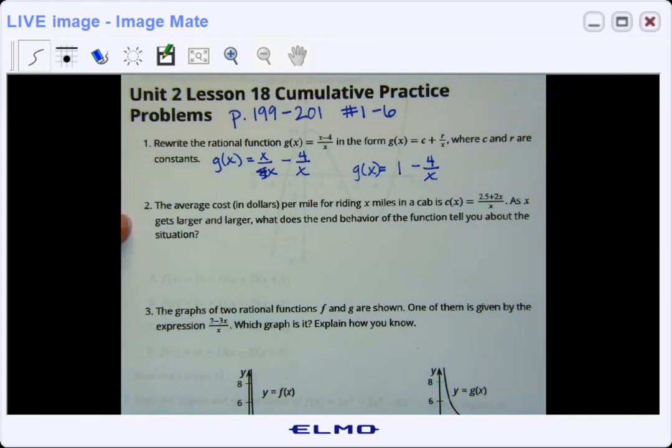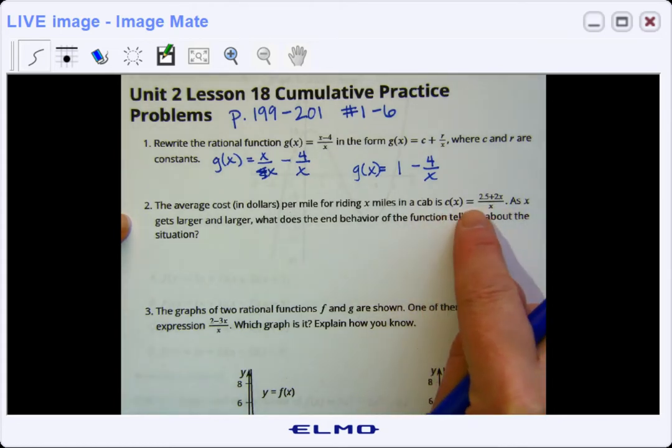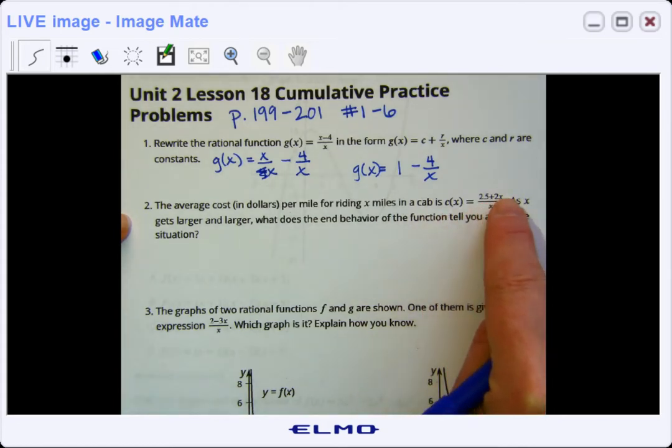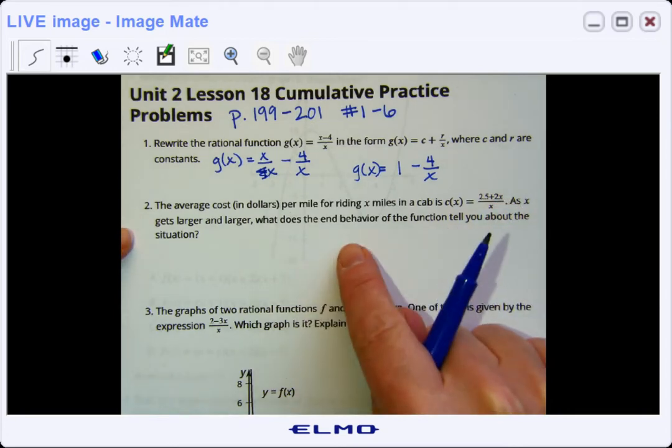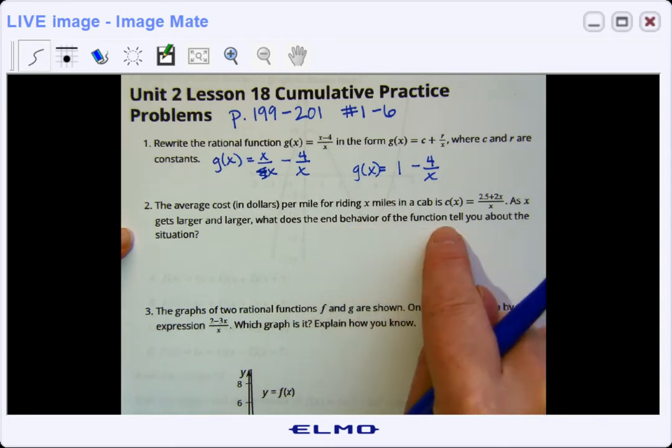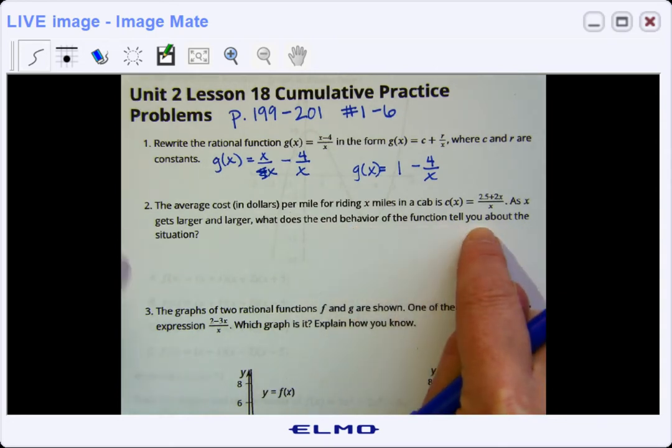All right, for number 2, the average cost in dollars per mile for riding x miles in a cab is C of x equals 2.5 plus 2x divided by x. As x gets larger and larger, what does the end behavior of the function tell you about the situation?